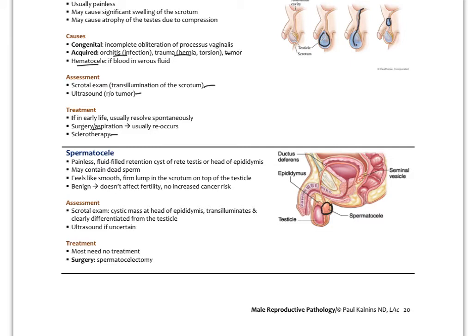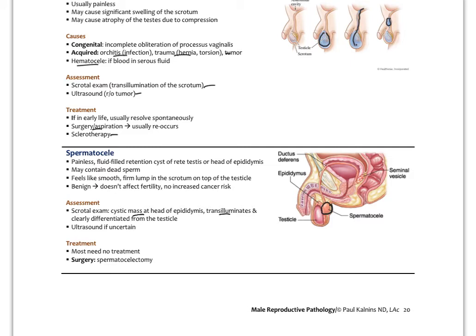So on assessment with a scrotal exam, we're going to feel a cystic mass at the head of the epididymis. It is going to transilluminate, and it's clearly differentiated from the testicle. So that's a very important point. When we feel the testes, we want to make sure they feel smooth, there are no nodules on them. This is going to be again, in the epididymis specifically, it's going to be slightly offset from the testis itself.